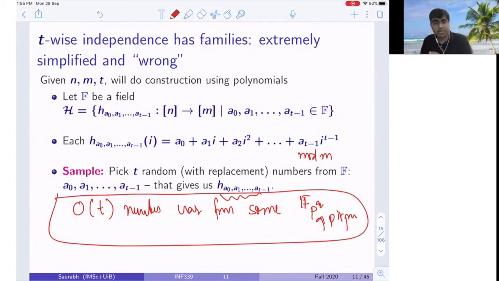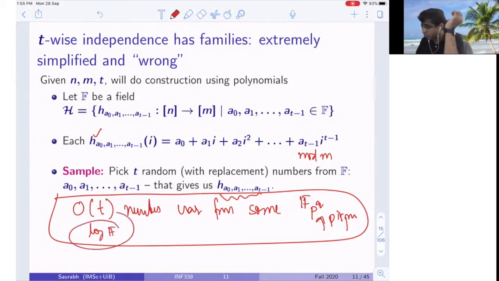There are lots of details here, but it's like choosing t numbers from 1 to p^q. And given these numbers, we can define this function h and we can evaluate it, okay? So for all practical purposes, whenever I say t-wise hash functions, it will mean that we are storing some order t numbers, each with log of the field size bits, okay?